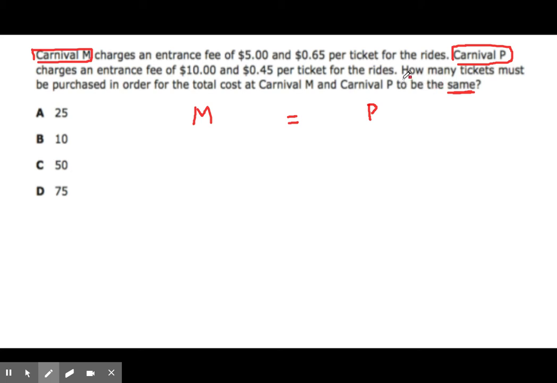That last question says, how many tickets must be purchased in order for the total at Carnival M and Carnival P to be the same? How many tickets? Do I know the number of tickets? We do not. That's our variable. So x is going to represent the number of tickets.